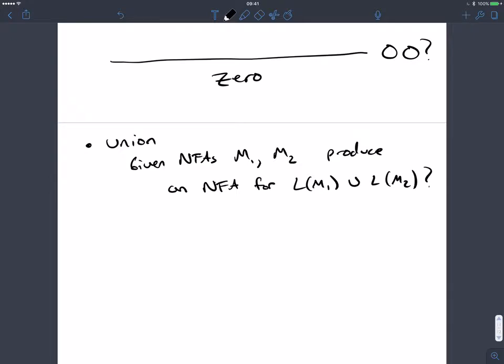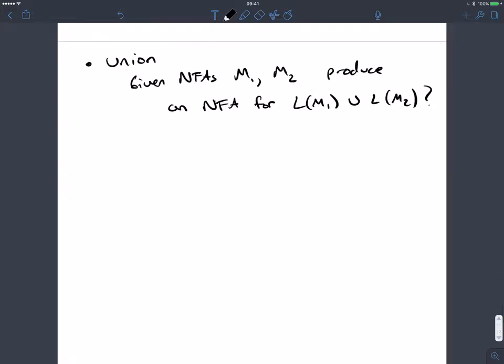Well, let's see. Do I know the structure of these two NFAs, other than the fact that they're NFAs? No, I know nothing about them. They may have 0 final states. They may have no epsilon transitions. I have no idea. But I know that they exist because I just said that they did. So let's suppose that they are black boxes, literally black boxes. Well, what else do I know?